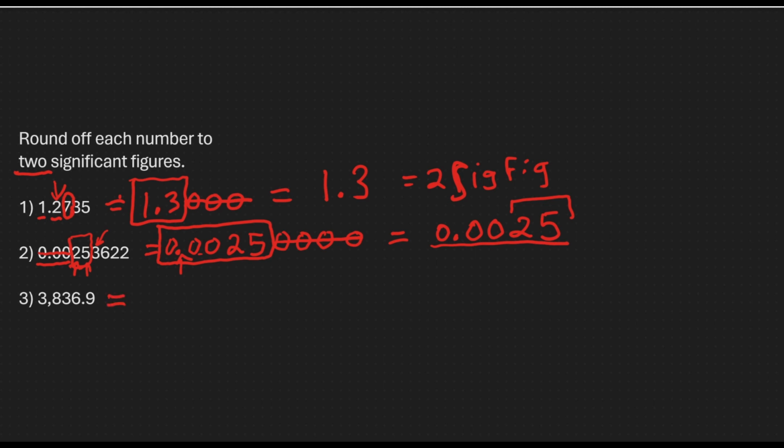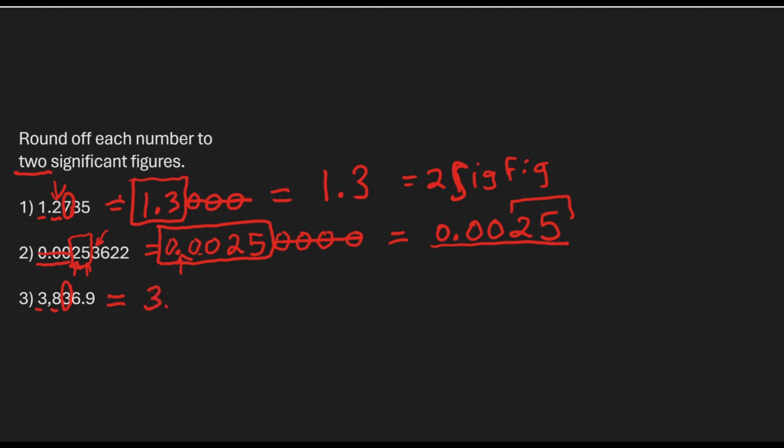In our third example, we have 3,836 and 9/10. We know that the 3 is significant, the 8 is significant, and I have my two sig figs right there. I just look at the 3 to determine if the 8 stays at 8 or goes up to a 9. In this case, it's a 3, which means that the 8 stays an 8.